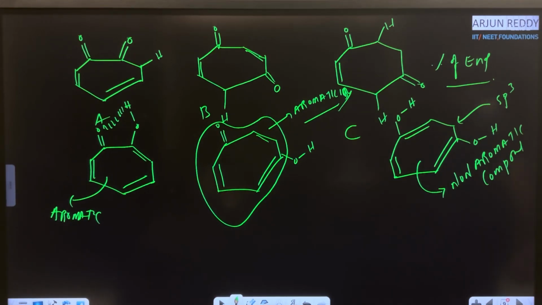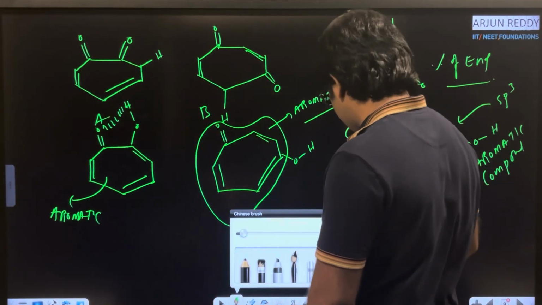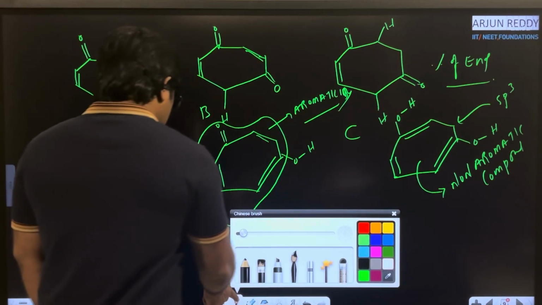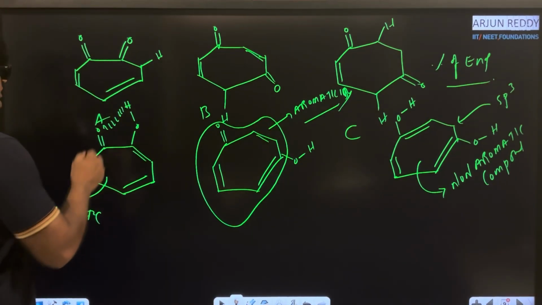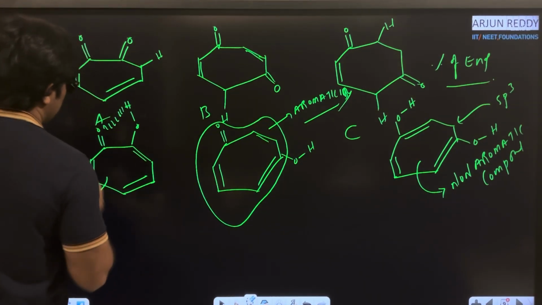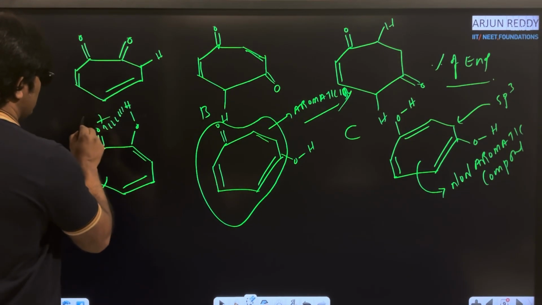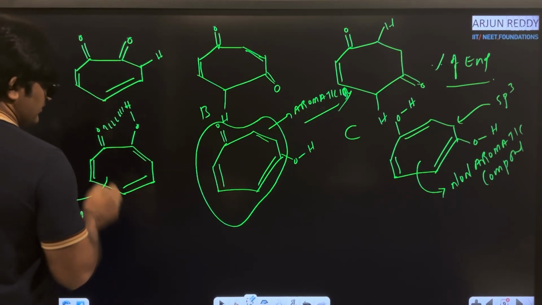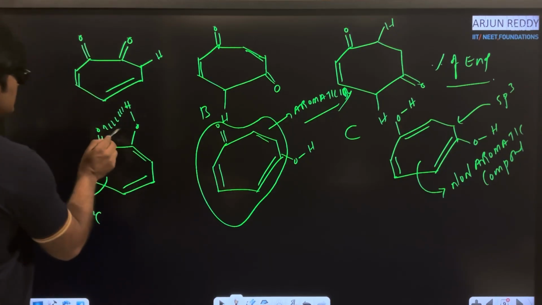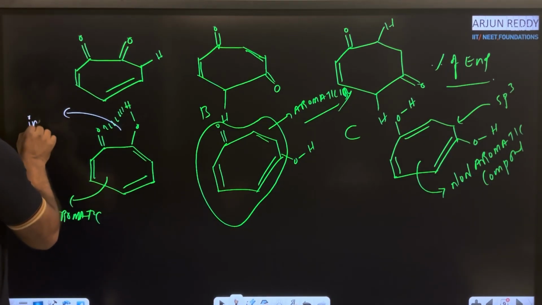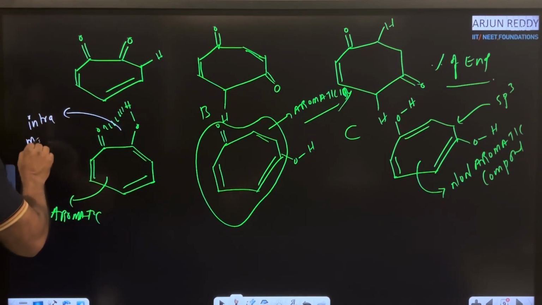Then what about the percentage of enol content? How are we expecting? Come to the first molecule. Yes, it has aromaticity, but along with aromaticity, what is the extra advantage of this first molecule A? It has an intramolecular hydrogen bond also. Now here there is an intramolecular hydrogen bond.